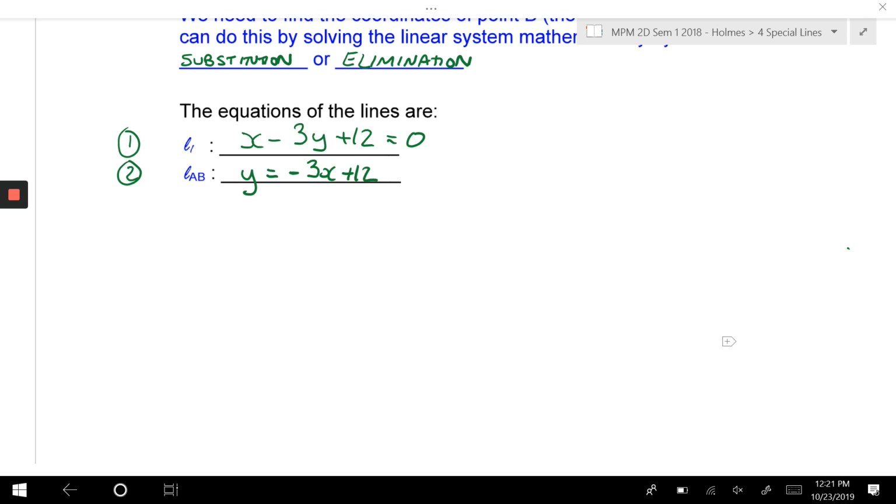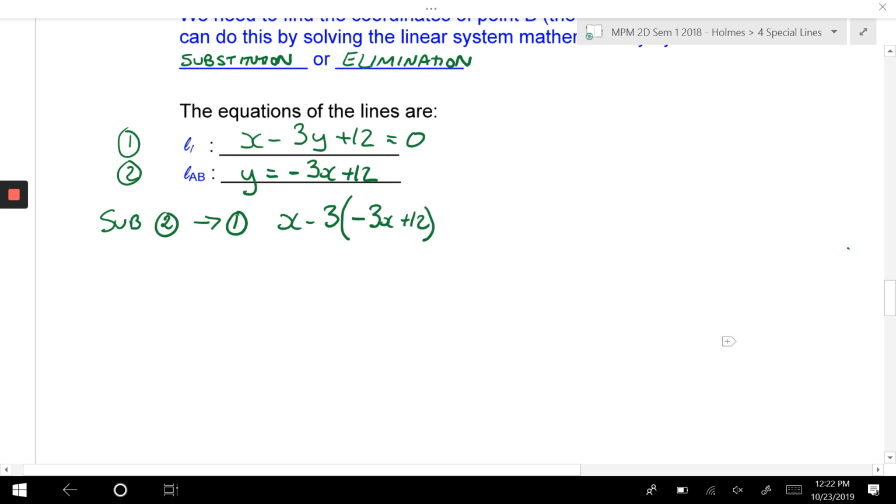All right, so we're going to solve via substitution. I'm going to sub 2 into 1. Equation 1 is x minus 3, my y has a value of negative 3x plus 12, plus 12 equals 0.